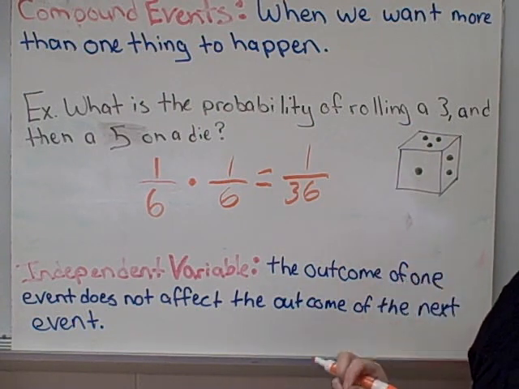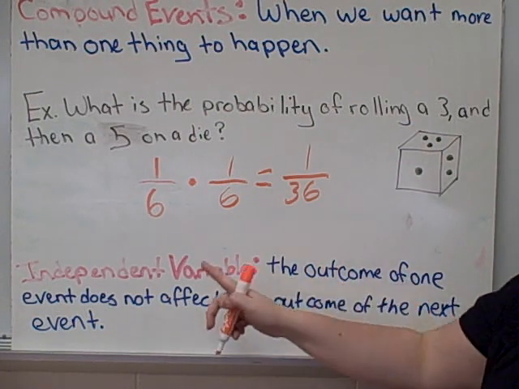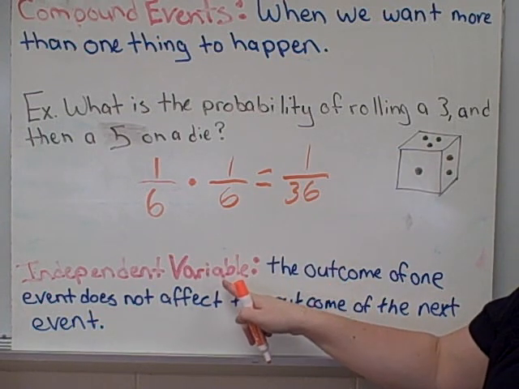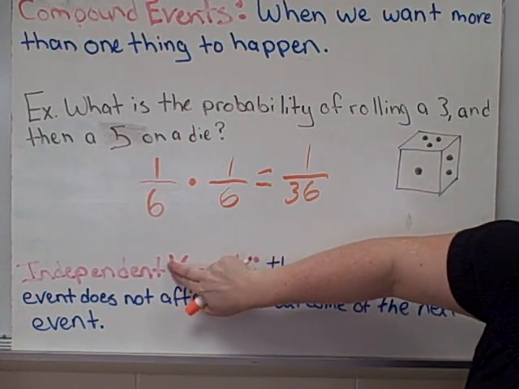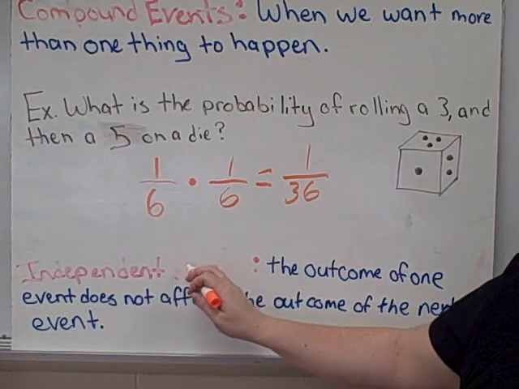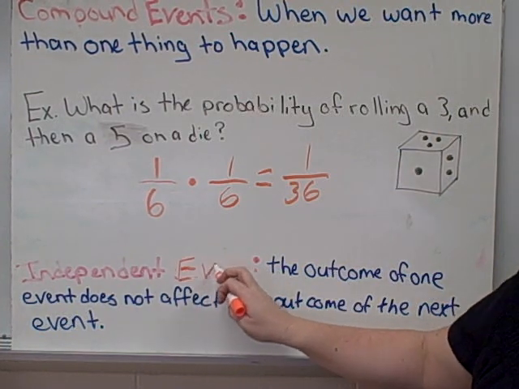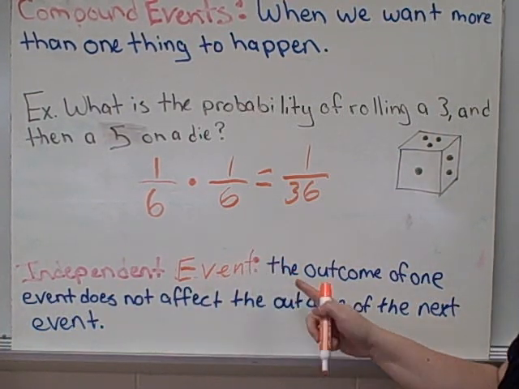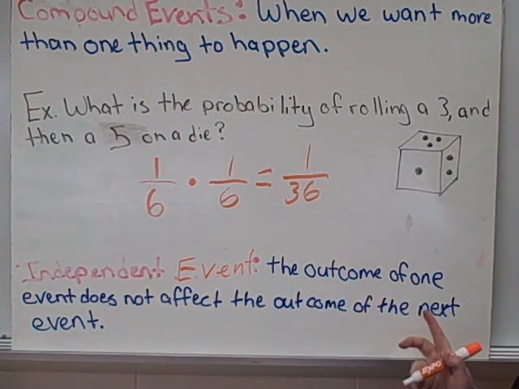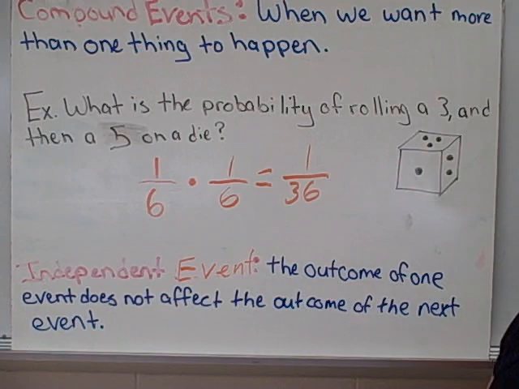Remember, this is theoretical probability. This is an independent event. The outcome of one does not affect the outcome of the other event. Okay?